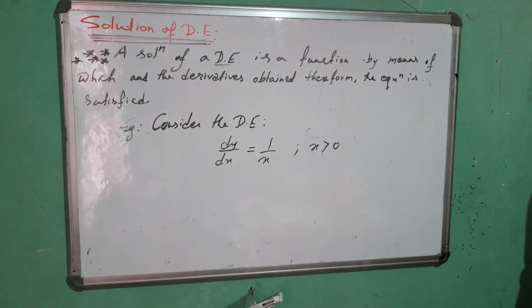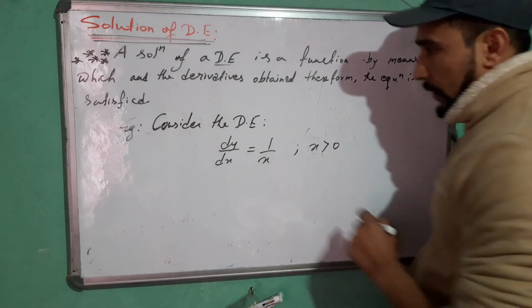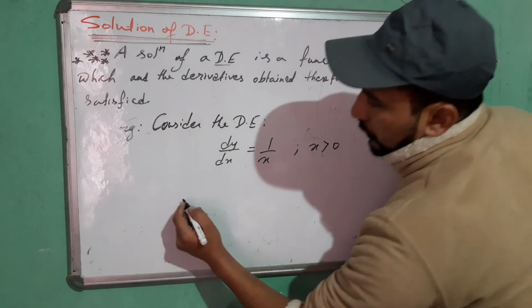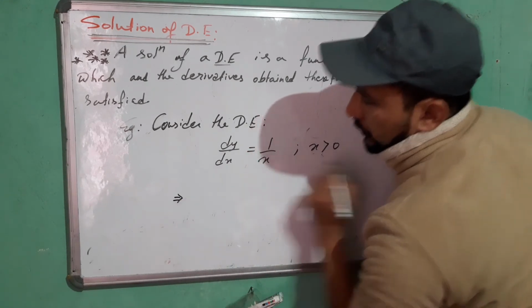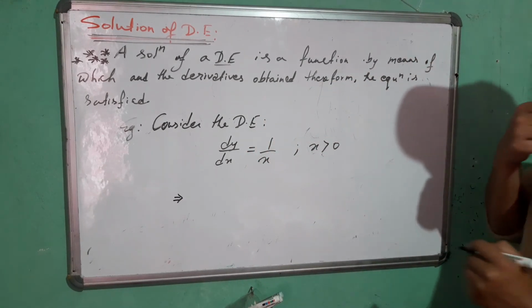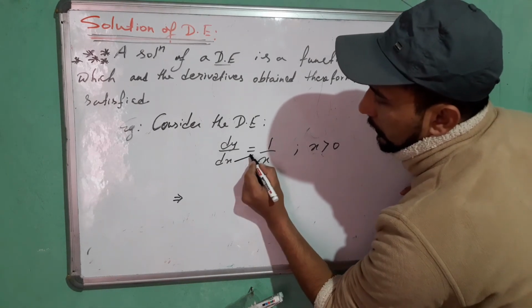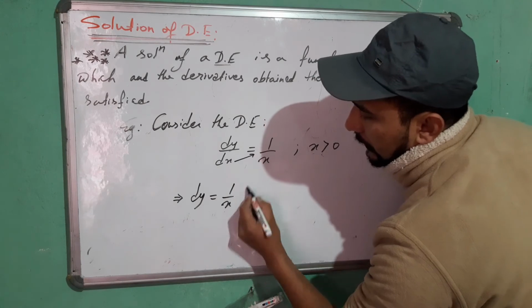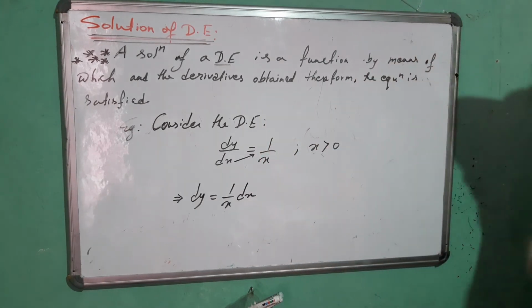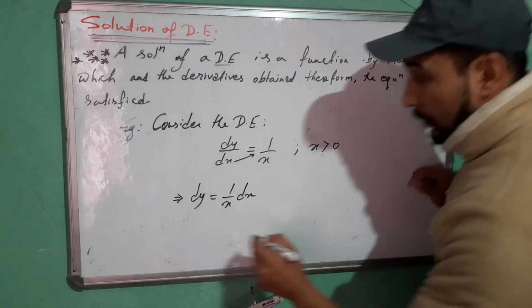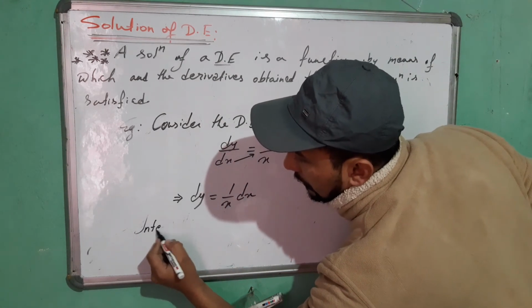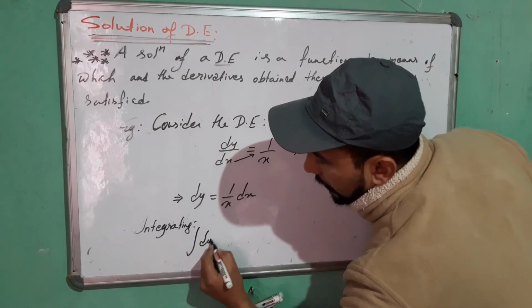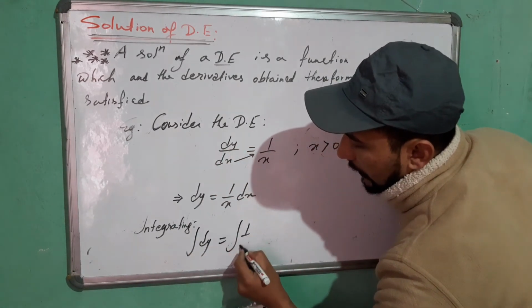So this is the differential equation. If you cross multiply, then dy will be equal to 1 by x dx. And if you integrate both the sides, integration of dy is equal to integration of 1 by x dx.